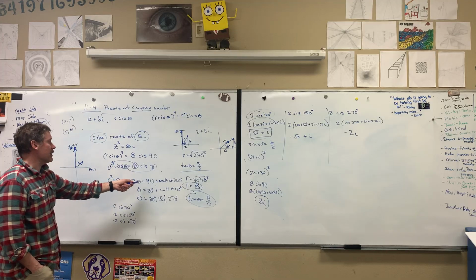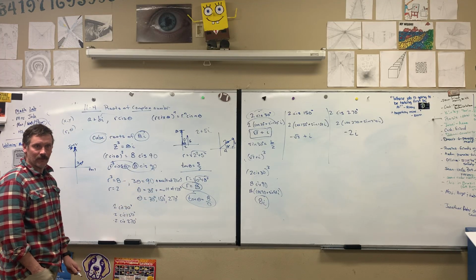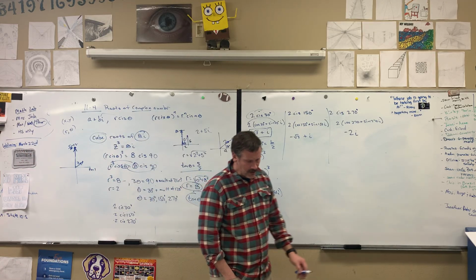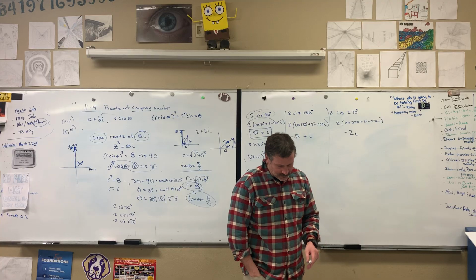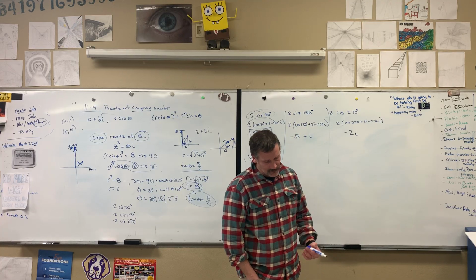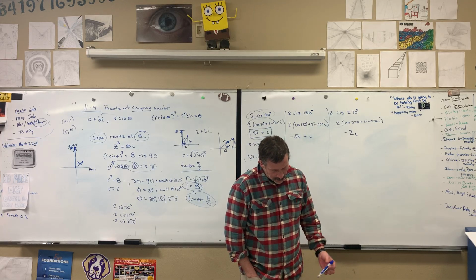That's why we do the multiples of 360, because there are actually 3 different cube roots that we can find. The book gives you the nth roots of a complex number theorem. It is somewhat complicated looking.